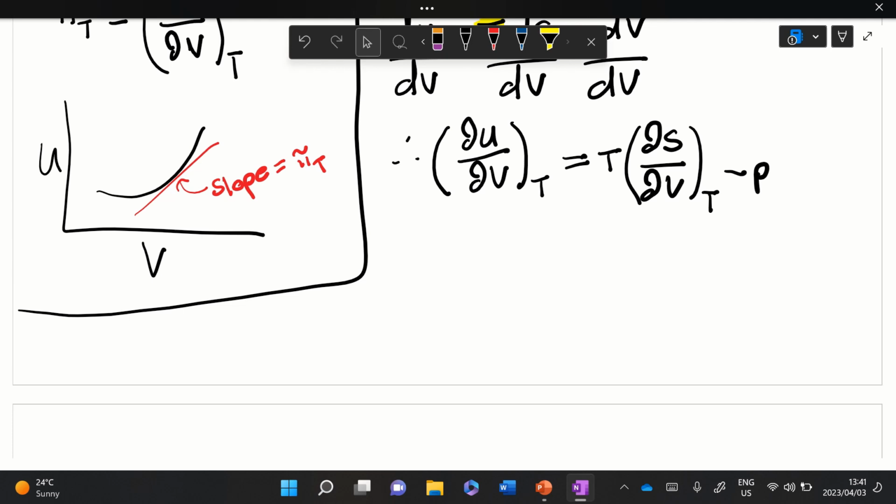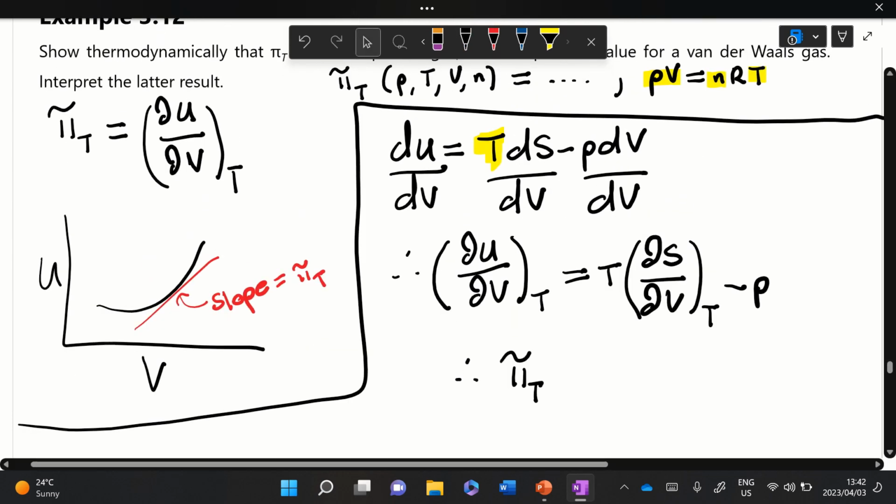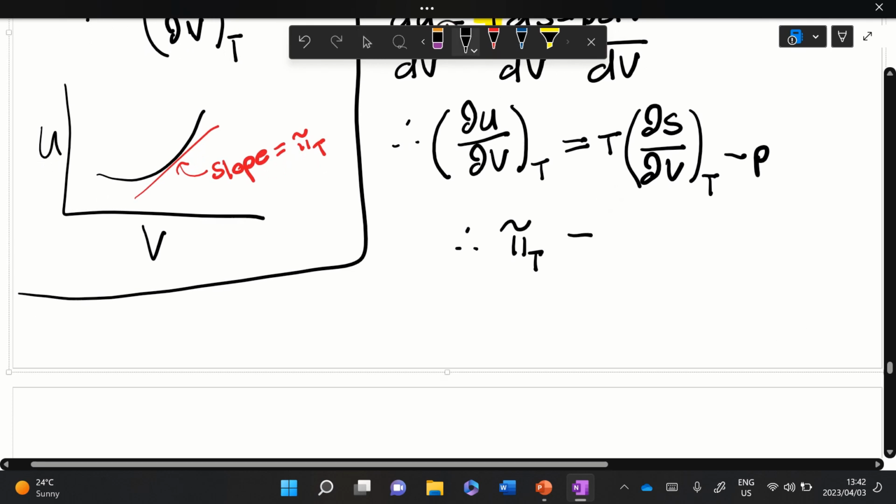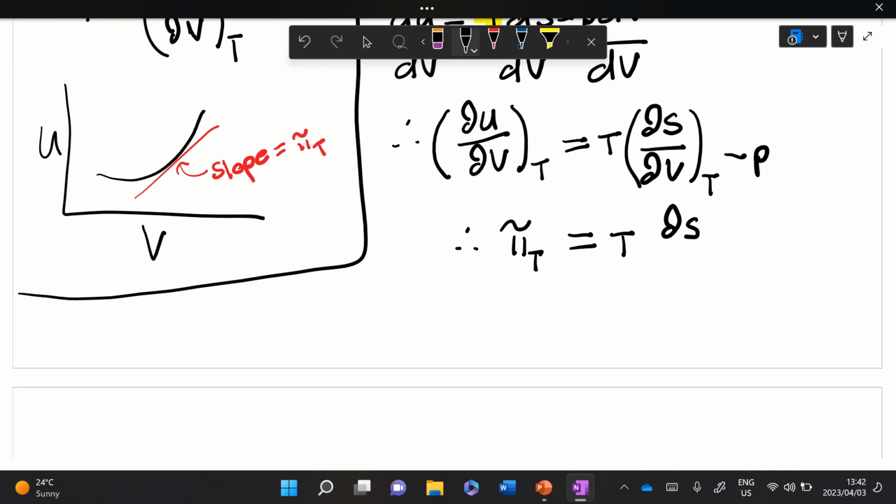We can recognize the left hand side is actually π_T. So we've found a way to go from the definition of internal energy to the internal pressure being equal to T (∂S/∂V) at constant temperature minus pressure.